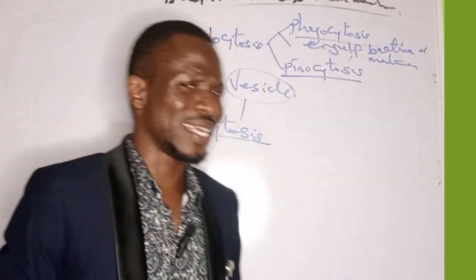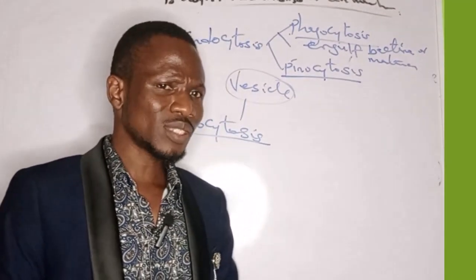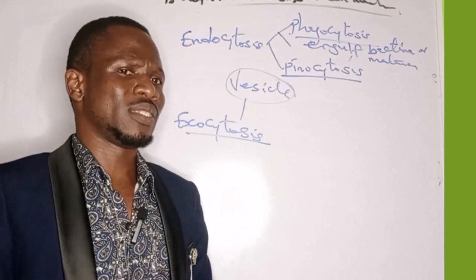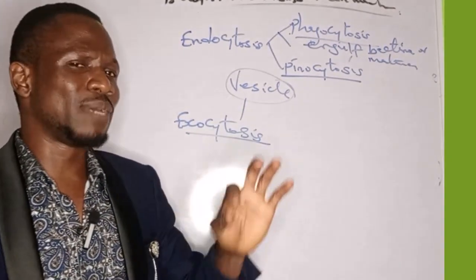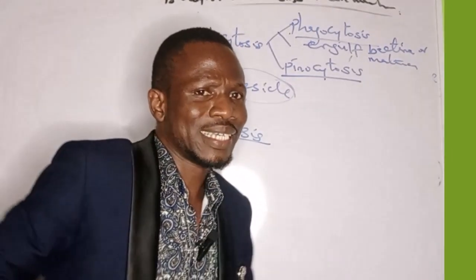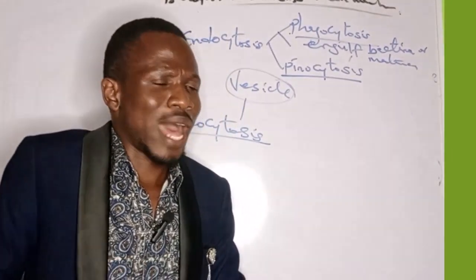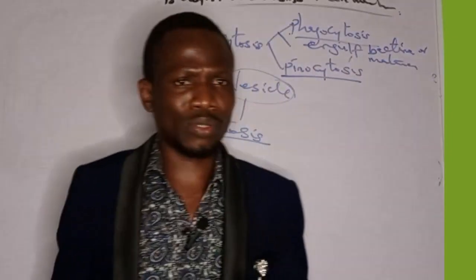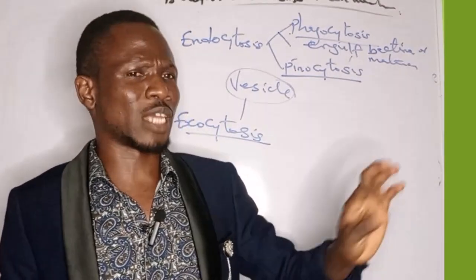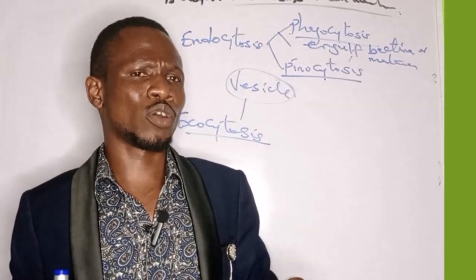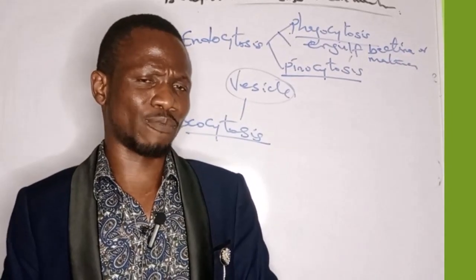But in a transporter, there are no vessels. It is a protein that serves as a means of transport, a carrier. It binds the molecules and takes them, mostly ions, into the cells or out of the cells. That method of transport across the cell membranes is called a transporter or facilitated diffusion.